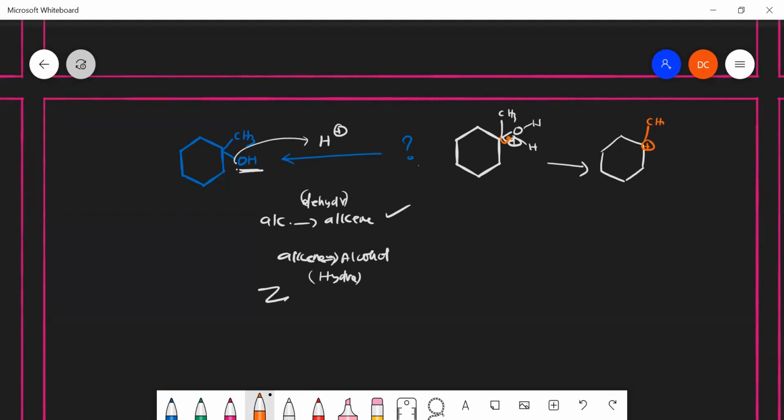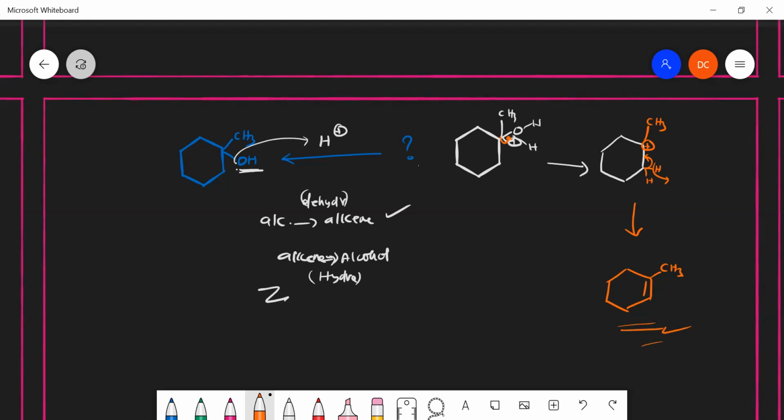Here I have the CH3 group also, and the remaining things are the same. With the positive charge, the neighboring hydrogen leaves as H plus and the electron pair forms a double bond. So I get an alkene as the product, this kind of alkene.